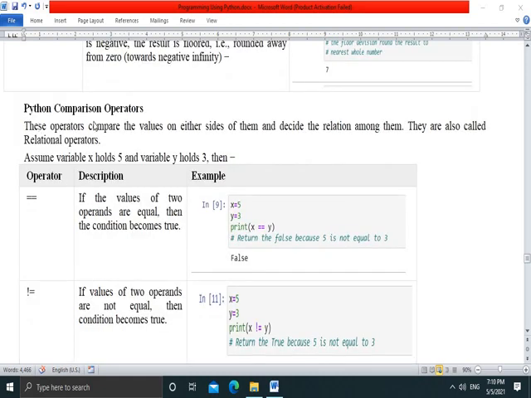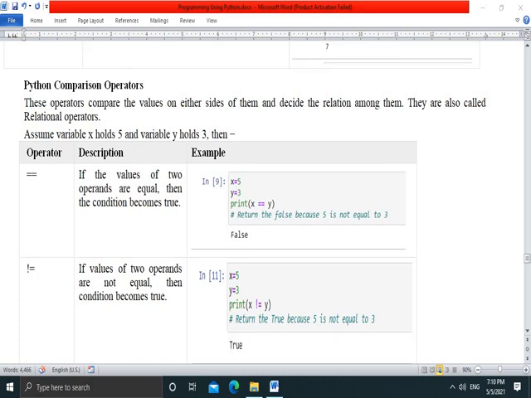Next is Python comparison operator. These operators compare the values on either side of them and decide the relationship among them. They are also called relational operators. Here assume x holds 5 and y holds 3 in the example.